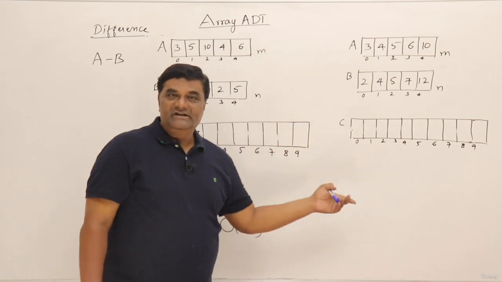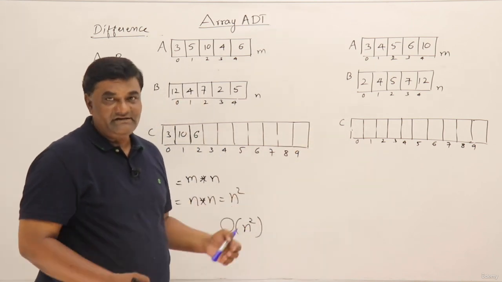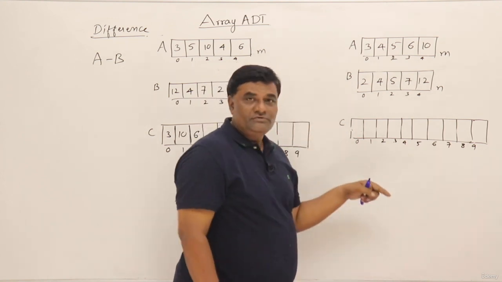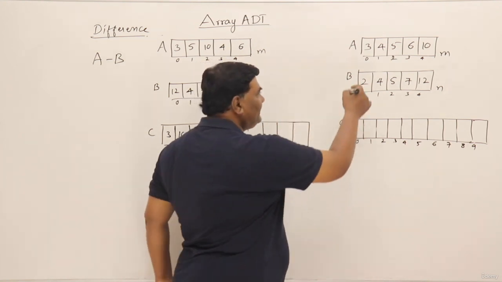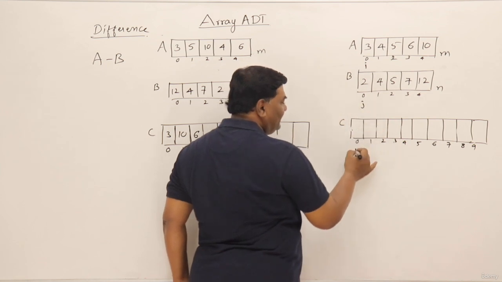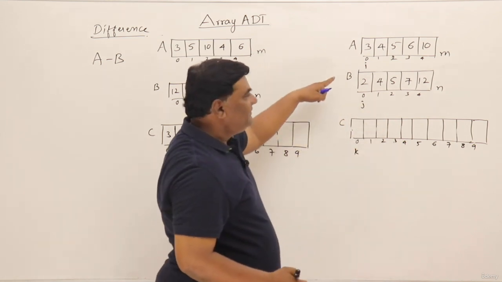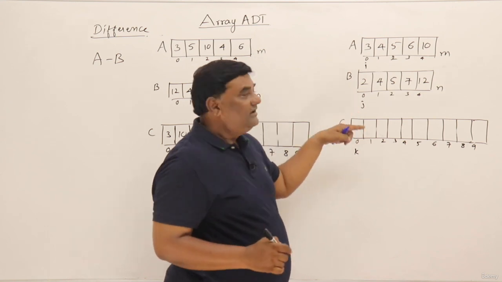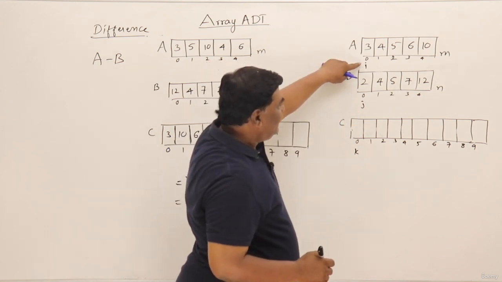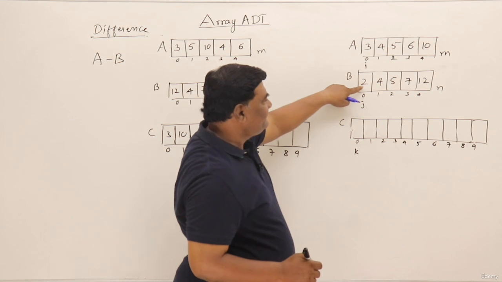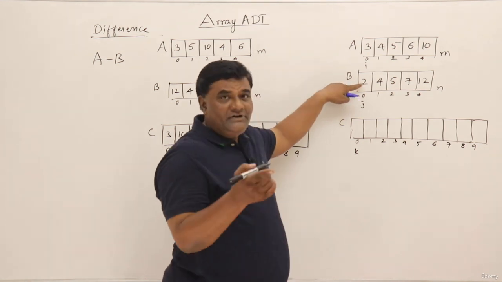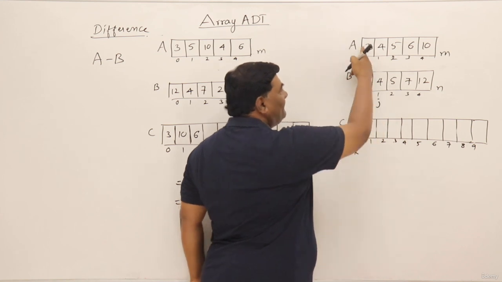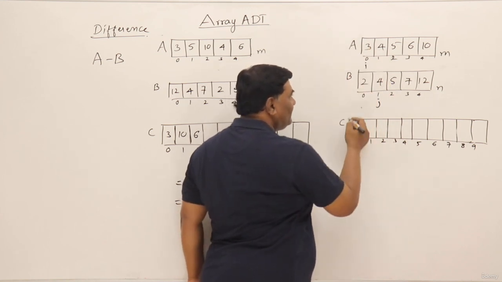Now how is it to be done in sorted sets? If the lists are sorted, let us see. We can again use the merge procedure. So we will take indices i, j and k. Now we will run the process similar to merging. Let us start. A of i, B of j, this is small. So we don't want the element from B at all. Move ahead. Compare A of i with B of j. 3 is small, copy it.